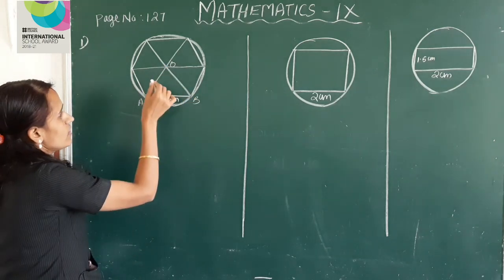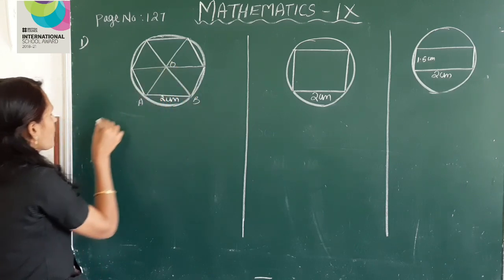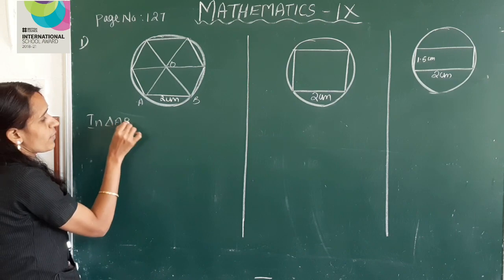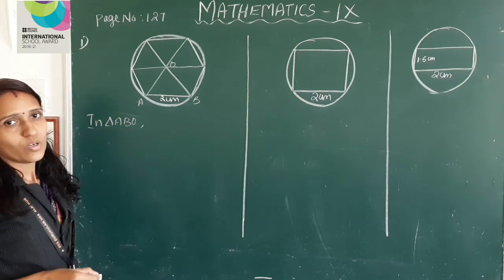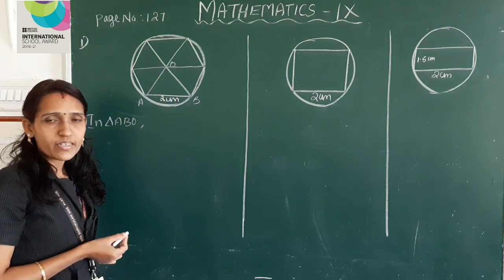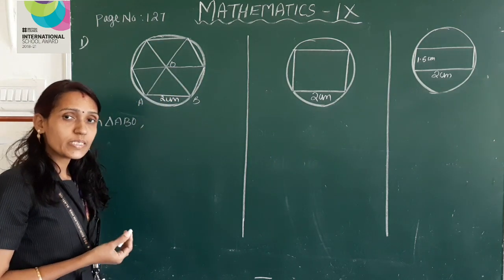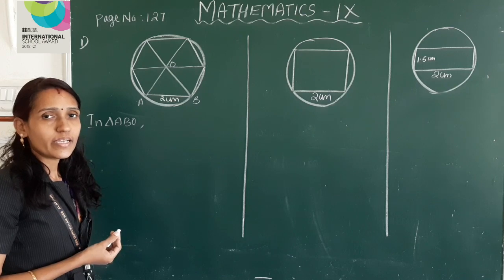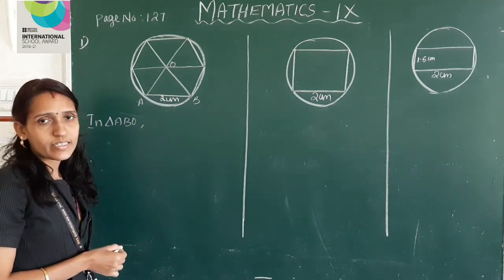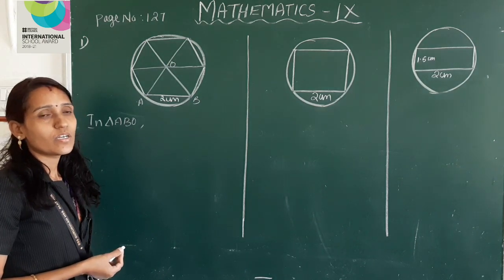Consider this triangle ABO. In triangle ABO, ABO is an equilateral triangle, so all the sides are equal. Here, one side of the regular hexagon is 2 cm.